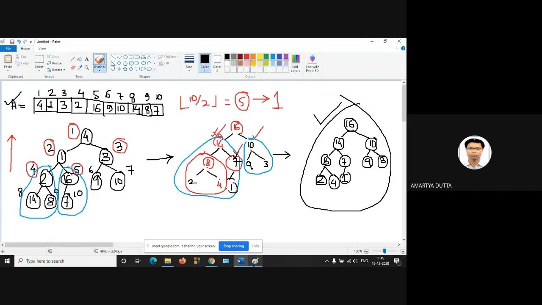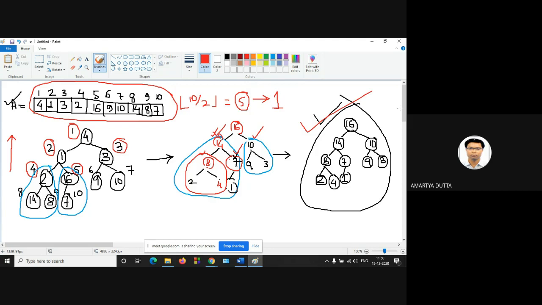So this is the given array. It is an unsorted array. The first part is you have to construct the tree using this array. Up to this, do you have any queries? Up to line number 1, you are given an unsorted array.